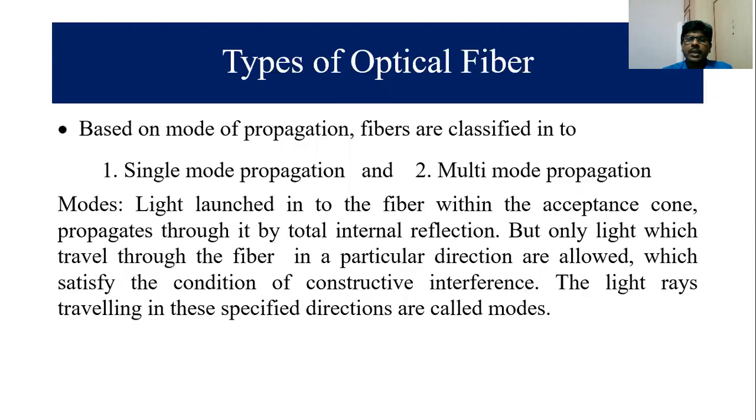But only light which travels through the fiber in a particular direction is allowed, which satisfies the condition of constructive interference. The light rays traveling in the specified directions are called modes. Modes are specified directions along which the condition for constructive interference has been satisfied.